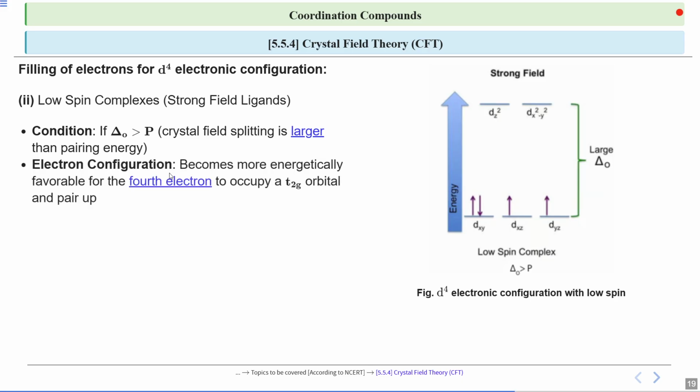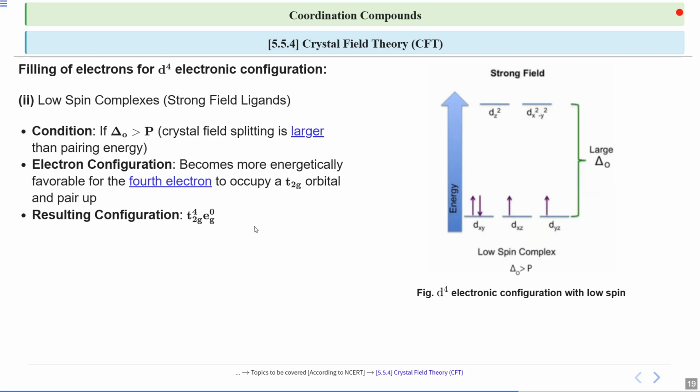In this electronic configuration, it becomes more energetically favorable for the fourth electron to occupy a T2G orbital and pair up, because delta naught is larger. The fourth electron will occupy the same T2G orbital and pair up with the existing electron present there, so it undergoes pairing and doesn't move into the higher energy EG set.